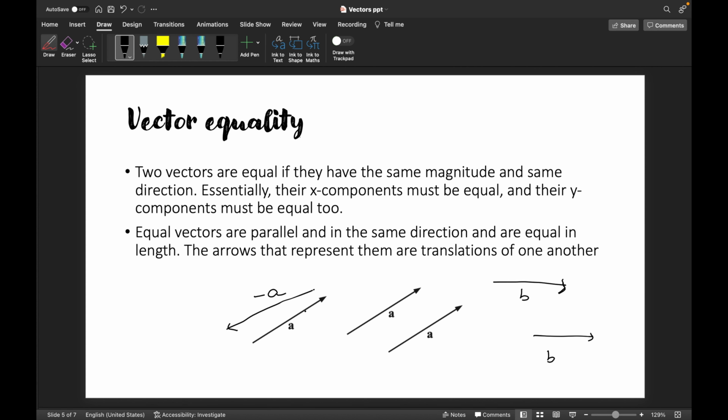We're going to talk about that soon, but just remember that if it has the same magnitude but opposite direction, it's called the negative vector. And this would be negative B. It just means that it goes in the opposite direction.